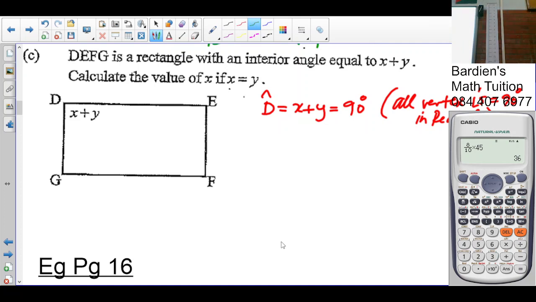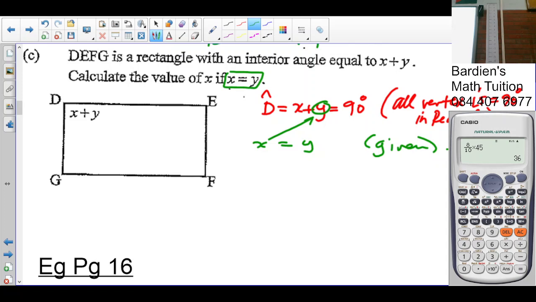But you see, we are given here that x is equal to y. Where did we get that from? Given to us. Now what can we say? We can now replace this y with what? With an x.